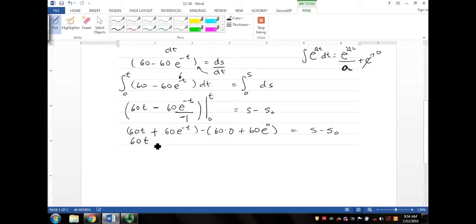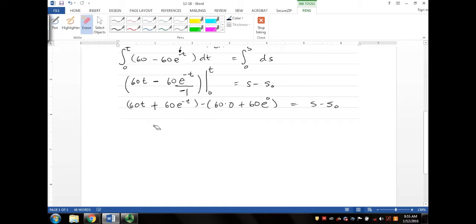That'll be 60t plus 60 e to the minus t minus 0 and minus 60 times 1, is equal to s minus s naught.